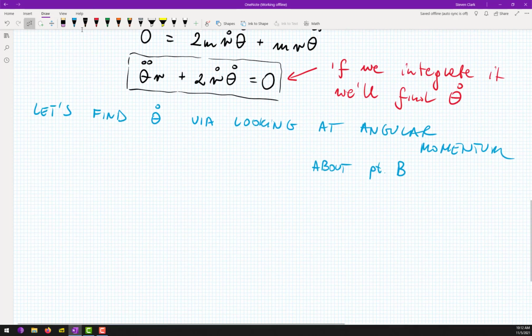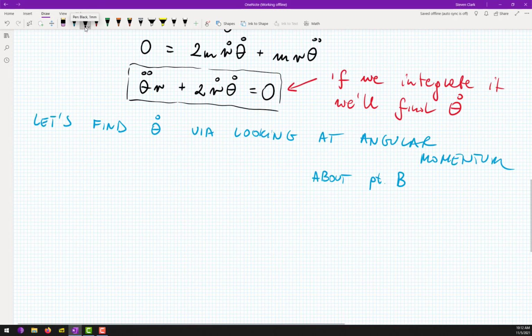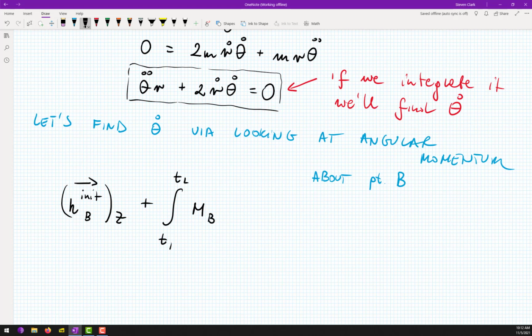So we can write such expression. H initial about point B, but only z component of that vector, plus integral of T1 to T2 of moment about B, but only z component, is equal to H final about B, but only z component of that vector, okay?